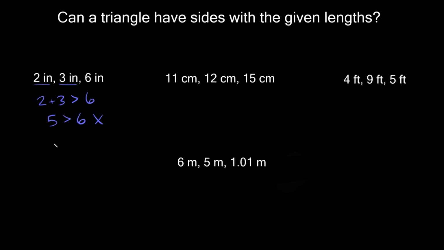And the reason that the 2 shorter sides have to add up to something that's longer than the longest side is because, well, if we draw the long side first, so let's say this bottom side is 6 inches, and then let's try and draw these little arms really close, all right? So we'll say this is 2 inches and this is 3 inches. So even if this angle right here was 1 degree or something less than 1 degree, doesn't matter, right?